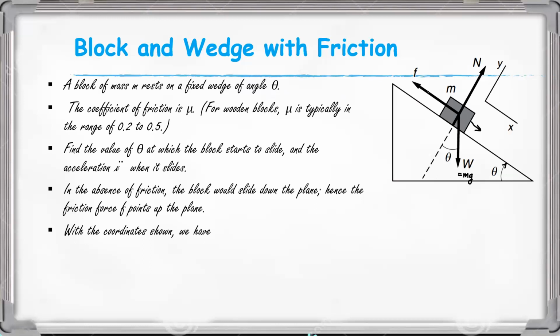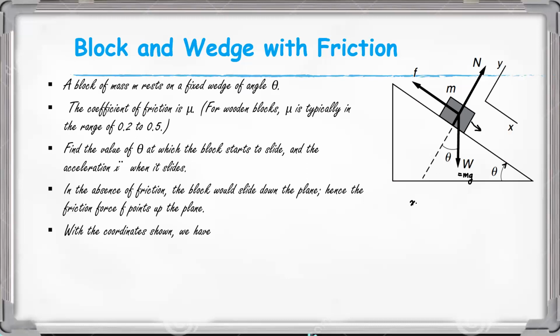Here in the negative x direction, there is a force F, that is the friction force, and we take the acceleration along the x direction as x double dot.